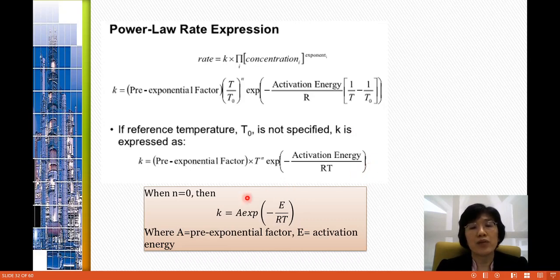And if you want to simplify further, when n is equal to 0, then the third equation is further reduced to the normal Arrhenius equation that you learn in CRE: k is equal to A times the exponential of minus E over RT. A here is the pre-exponential factor, and E is the activation energy.